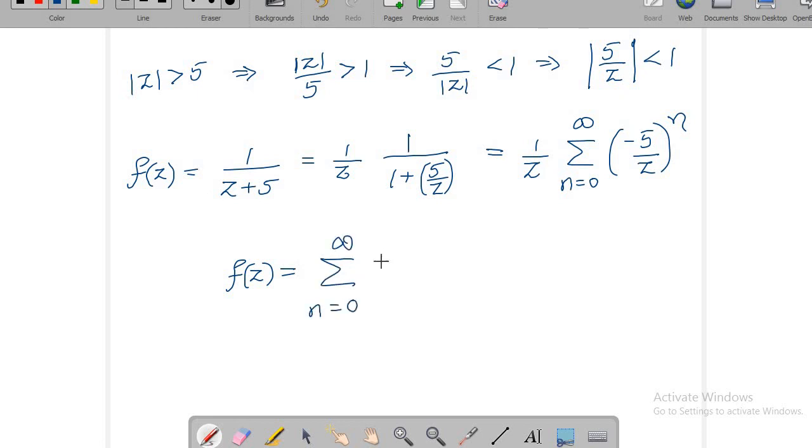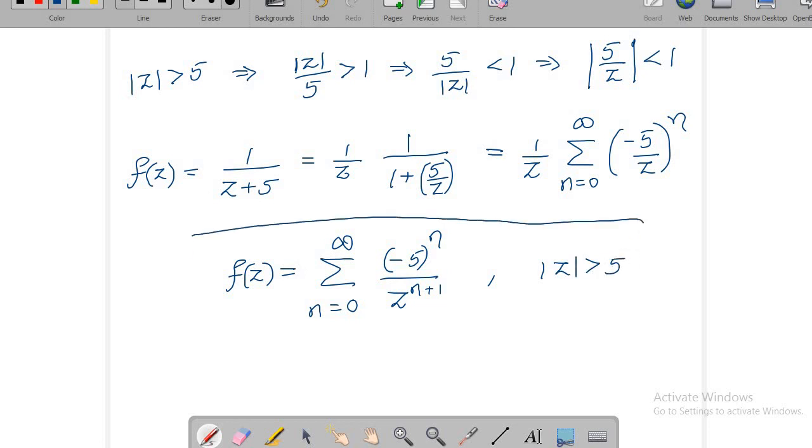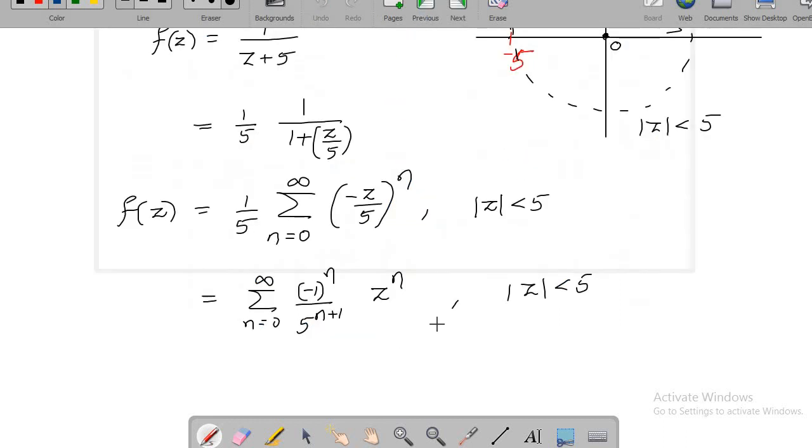You can take 1 by z inside, so minus 5 to the power of n by z power n plus 1. And this is the expansion valid in the region when mod z is greater than 5. So this is the Laurent series expansion in the region mod z is greater than 5, whereas the Taylor series expansion when mod z is less than 5 is this.